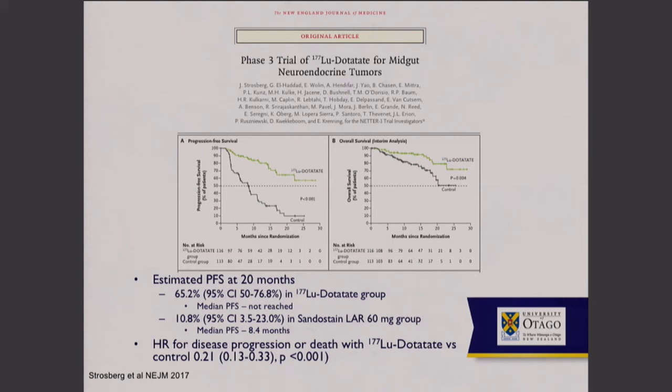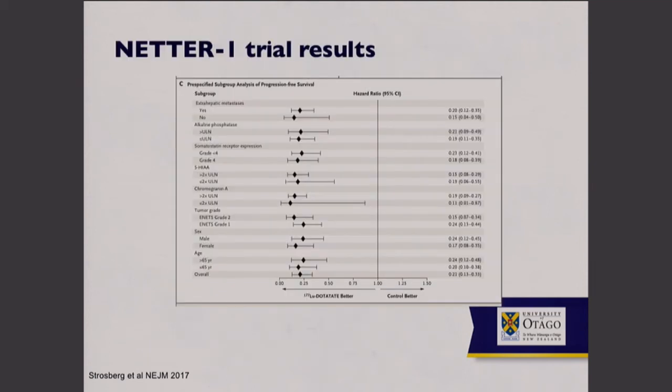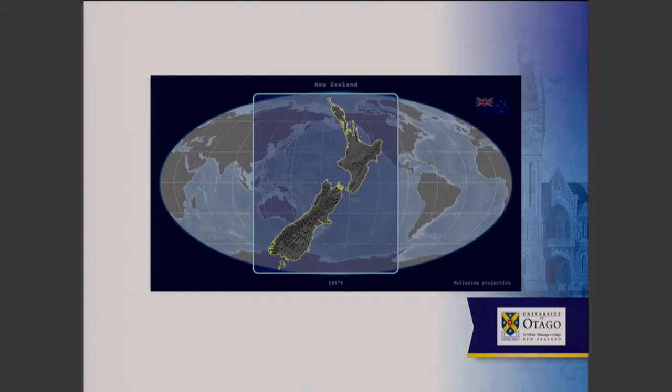And they've still managed to show a huge improvement in risk of disease progression or death, like an 80% improvement. And it works for all of the subgroups, and so this is now what's considered to be gold standard in many places in the world.